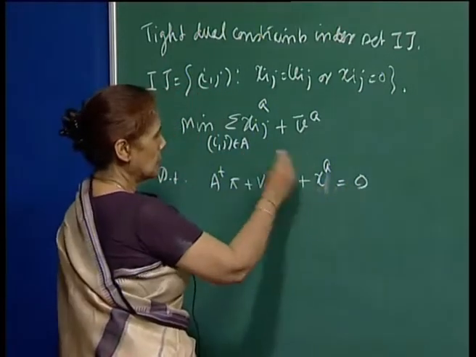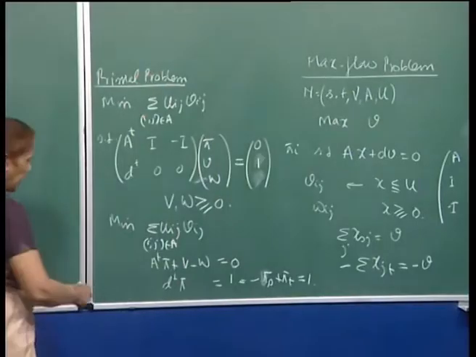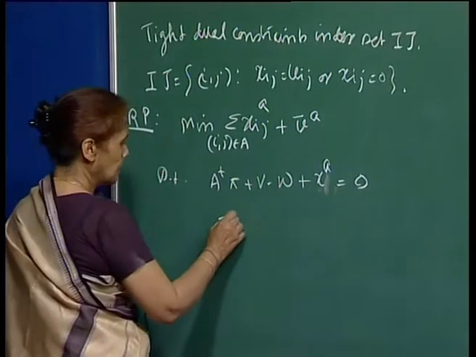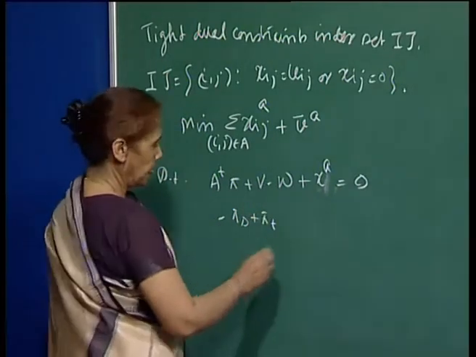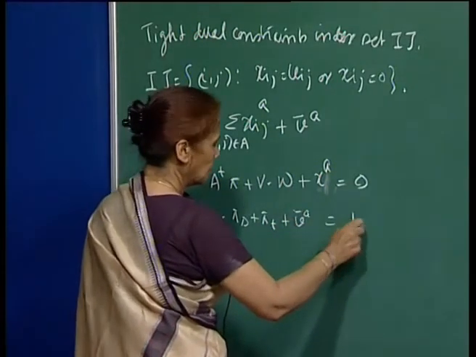I am just calling this vector comprising all the ij's x A. Then I can write in the simpler form minus pi s plus pi t plus V bar A equal to 1.